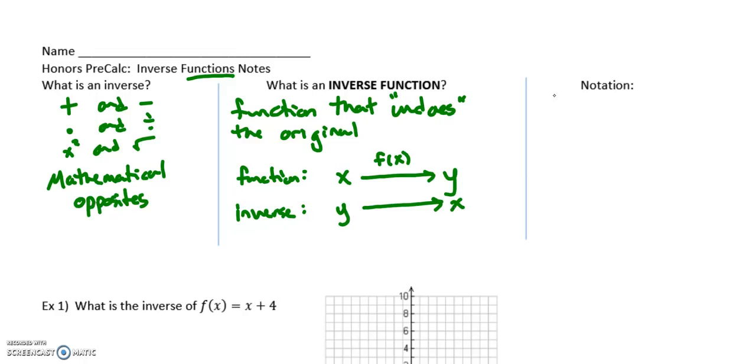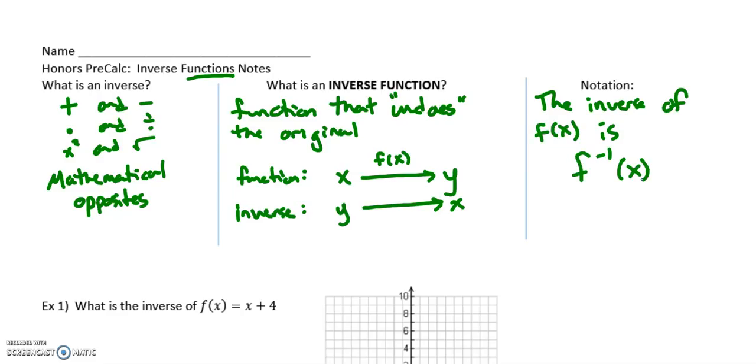So when it comes to notation, I'm going to say the inverse of f of x, and I'm going to write it like this, f with a little -1, of x. And the way I read that is f inverse of x.